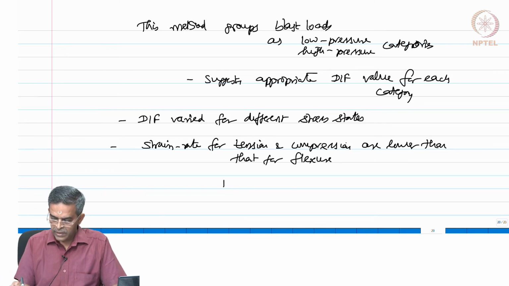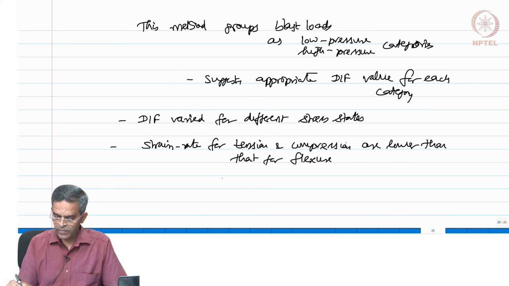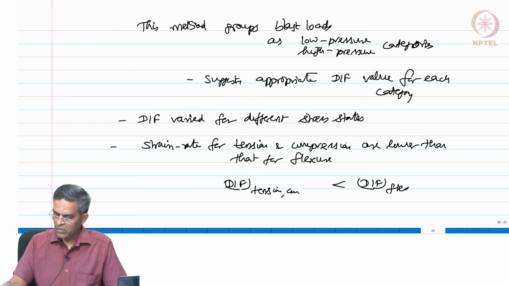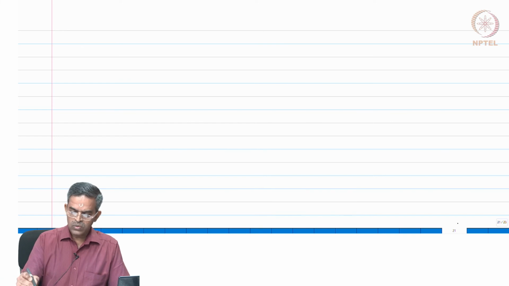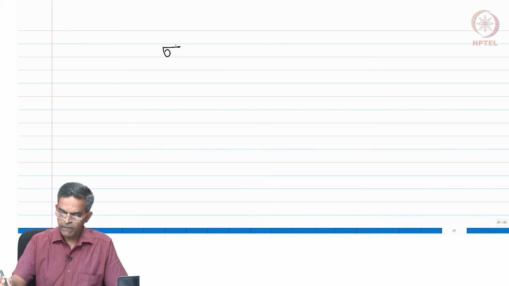Therefore, DIF values for tension and compression are lesser than DIF values for flexure.